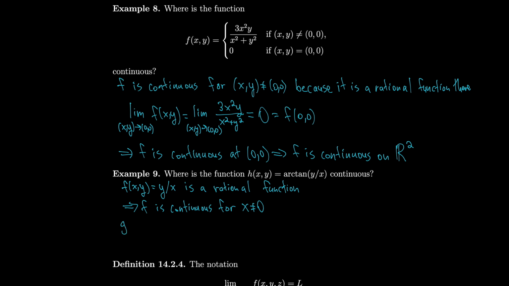Okay, how about our other outer function, arctangent, so that's of a single variable, so let's use t. So arctangent of t, we know from single variable calculus, is continuous everywhere.